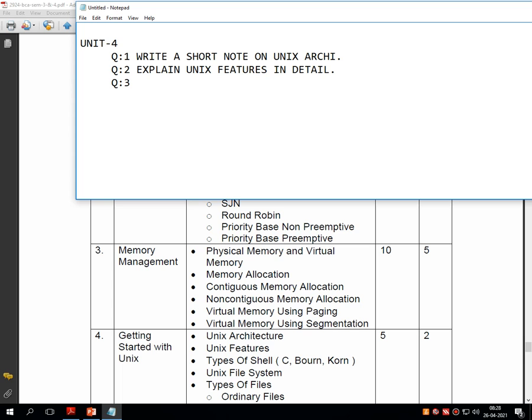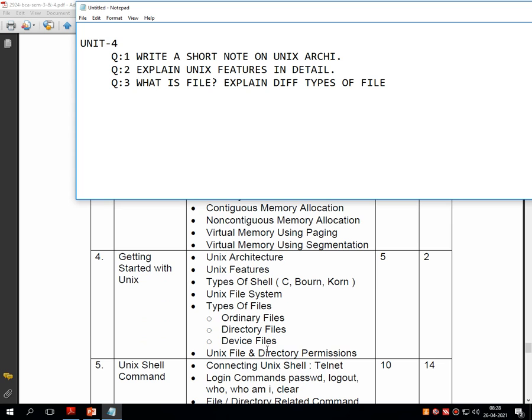Question number 3. What is file? Explain different types of file. Question number 4. Write a short note on Unix file and directory permission.